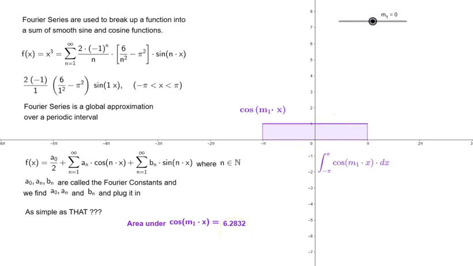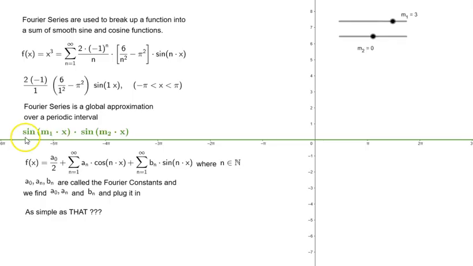Now, let's look at the product of sine and cos. What happens then? So let's take sine times sine. Sine m1x times sine m2x. Now here we have two variables, m1 and m2. So even if one of them is 0, then the whole thing will be 0.